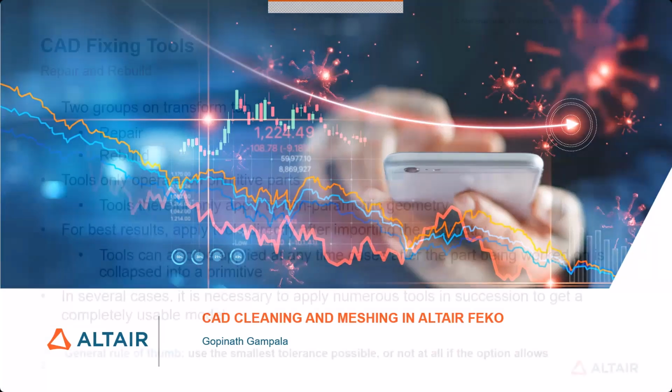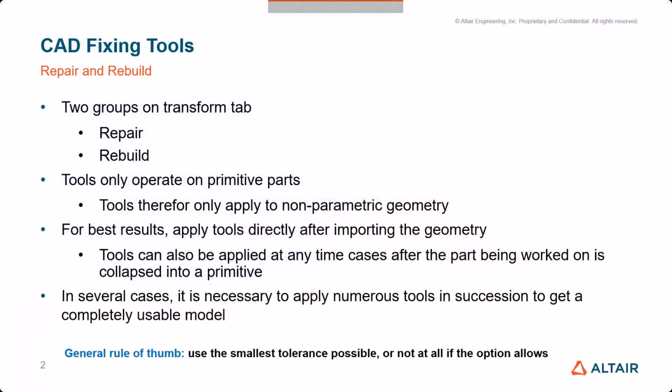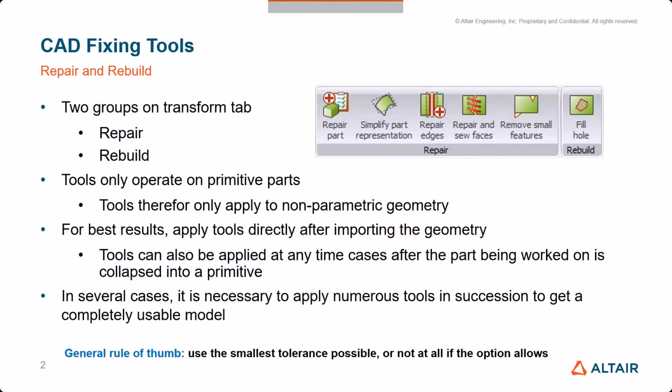Now, coming to the CAD fixing tools in Feko, there are a few options available that are grouped into repair and rebuild tools. All the options available under these repair and rebuild tools will work only on primitive parts, meaning non-parametric geometry parts.